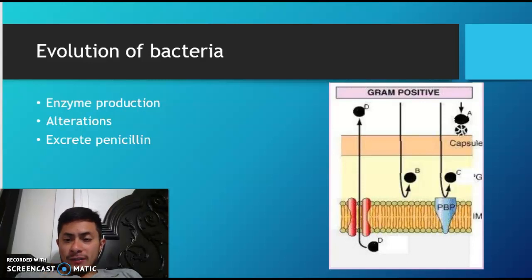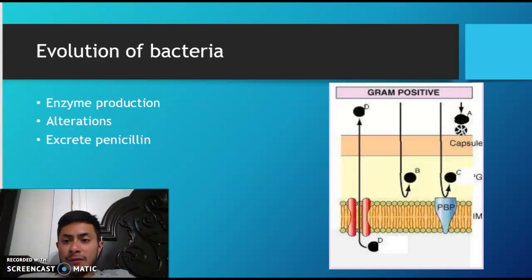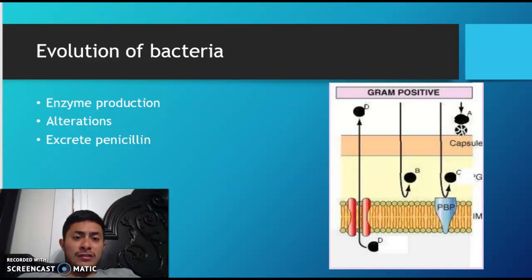The next is that the bacteria can alter the peptidoglycan layer or their penicillin binding proteins so that the penicillin cannot bind anymore, and therefore does not affect the cell wall at all. And the last one is developing a system where the bacteria can export the penicillin out of the cell, and those are the ways it can become resistant to penicillin.